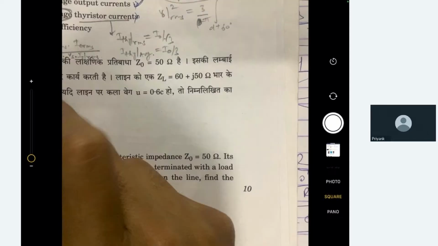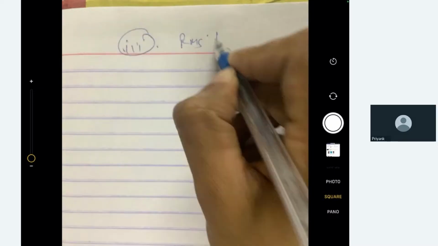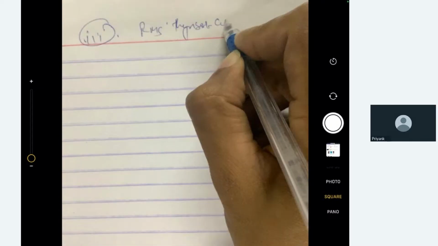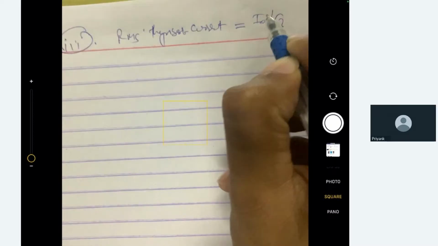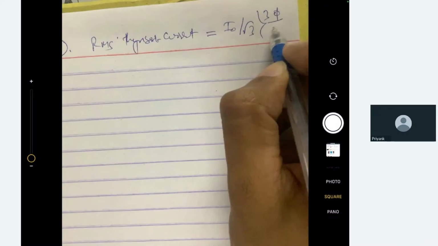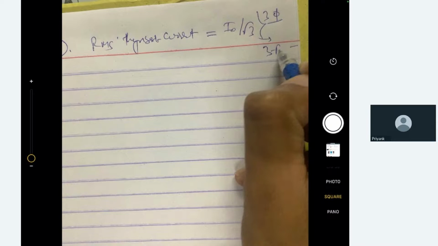The third part is comparatively easy if we remember it. Again, the thyristor current formula we require to remember. The third part is RMS value of thyristor current, and it is equal to I0 upon under root 3 for three phase. Whether it is half wave, means 3 pulse rectifier, or 6 pulse, it is always the same.